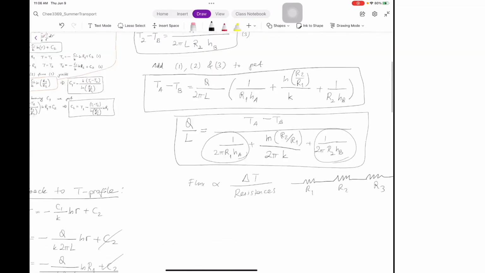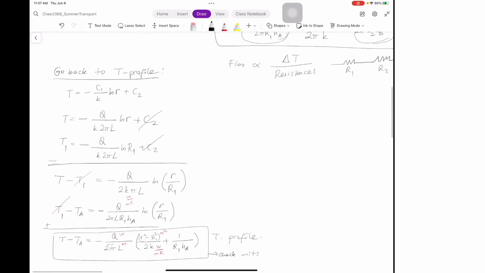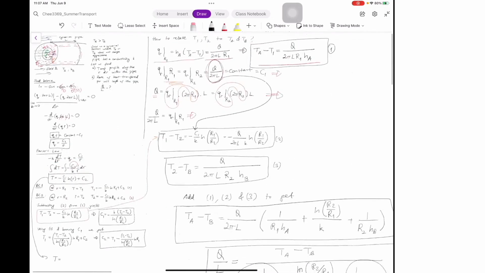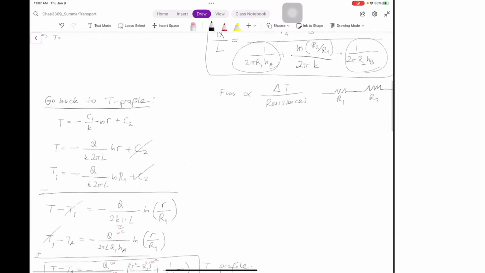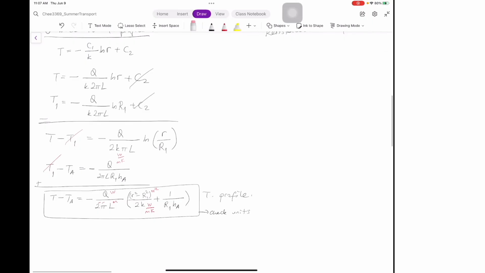So let's see, T1 over TA. Where was the T1 over TA? Yeah, that was correct. Q over 2 pi L R1 HA. So you don't have this term. Good. So let's erase it. We got rid of the problematic part.